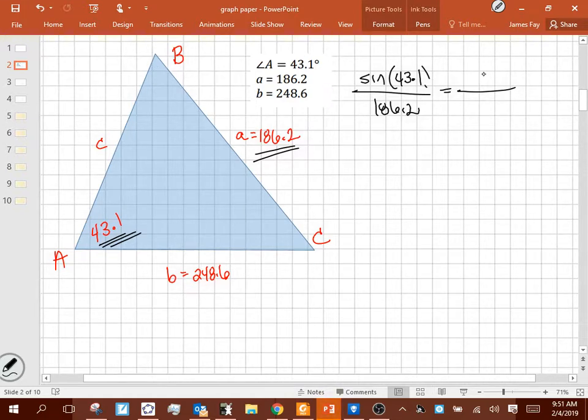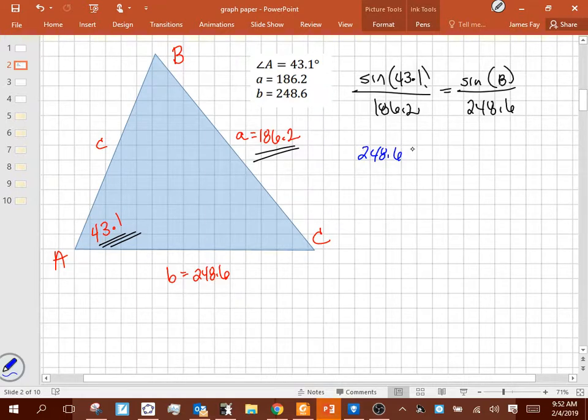If I chose sine of C, I'd have capital C here in my argument, and I have lowercase c here in my denominator, and that would be two variables. If I go sine of capital B over 248.6, I should be able to solve that. One variable, capital B.